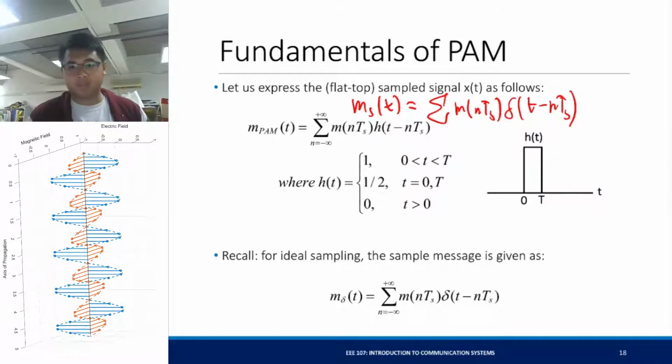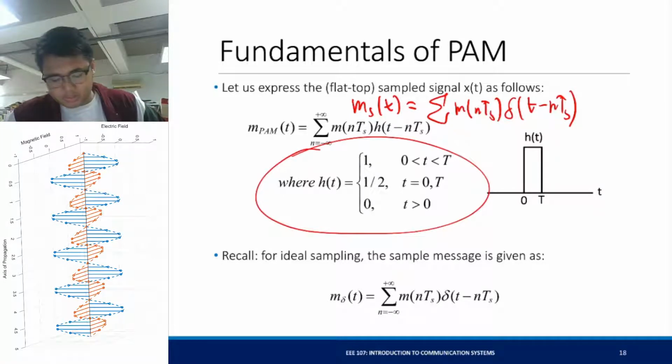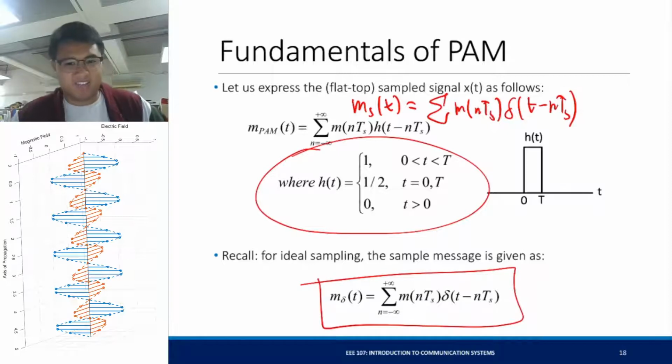There's some form of similarity between them, right? But instead of having a delta function as your pulse, you're using a rectangular pulse, h of t. And the definition of h of t is right here.